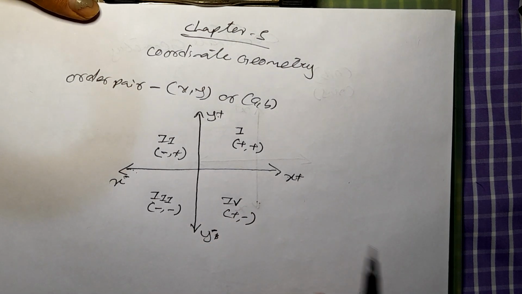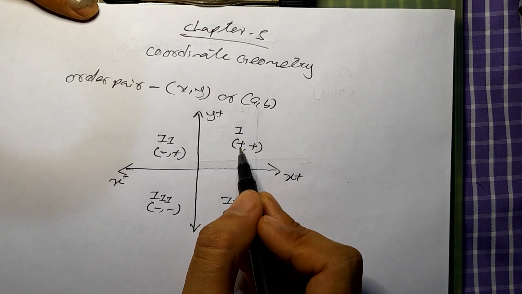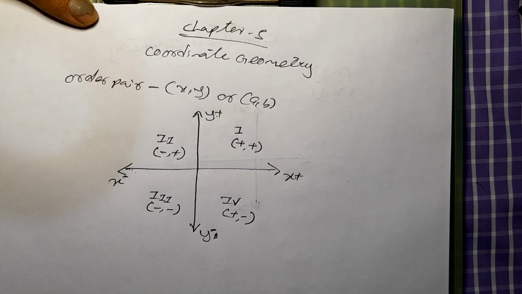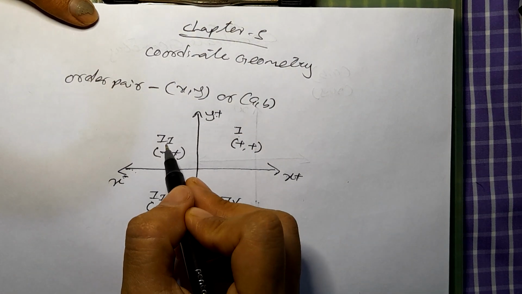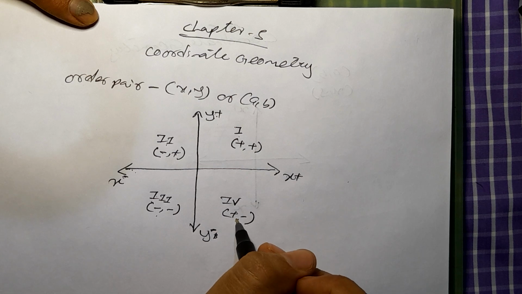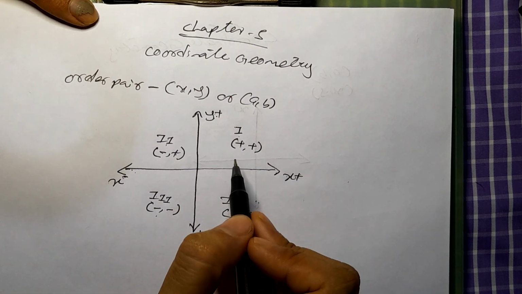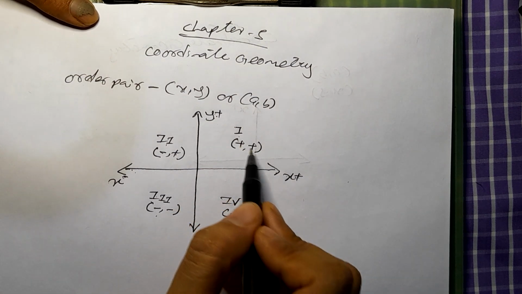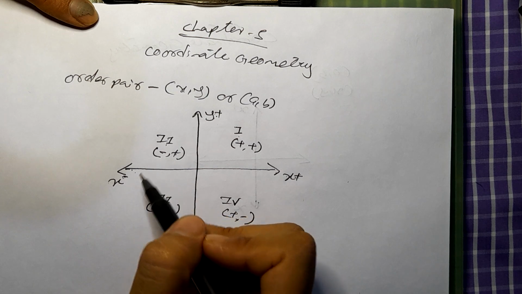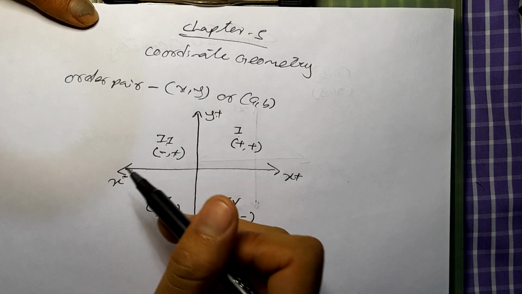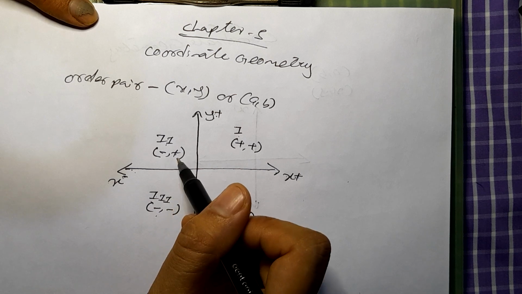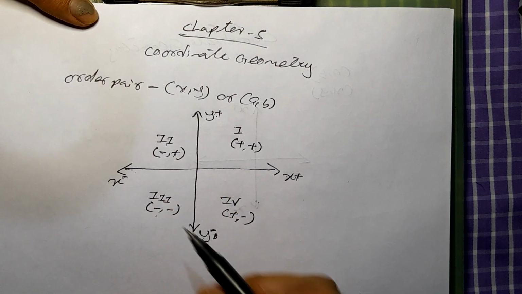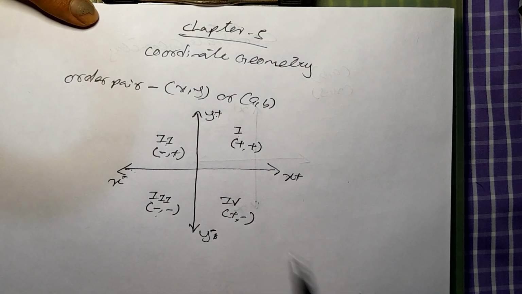So in the first quadrant, for example 1 comma 1, the signs are plus plus. In the second quadrant, since this is between the positive of y and negative of x, it is negative and positive. In the third quadrant both are negative. In the fourth quadrant positive and negative.